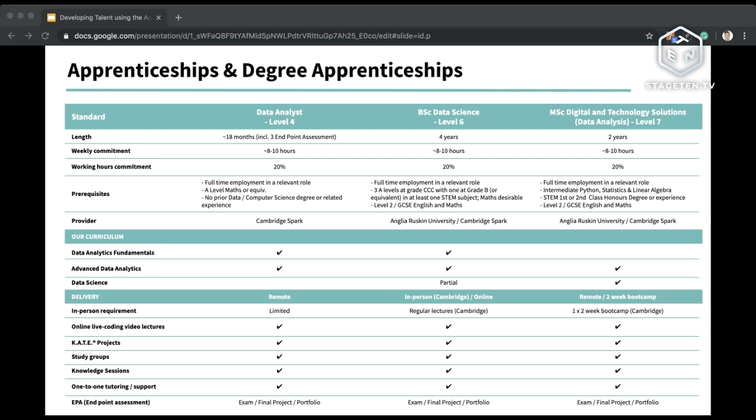That's not our pattern. So we have a data analyst level 4, which we deliver in approximately 14 months, excluding endpoint assessment. There's all the details here. We use our platform called Kate, which is a real coding environment.